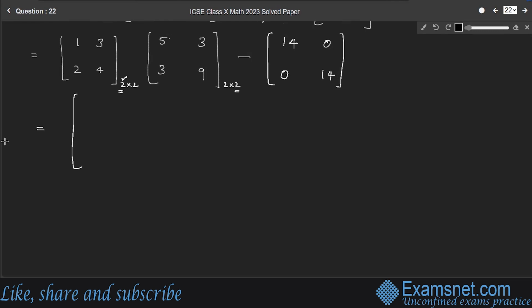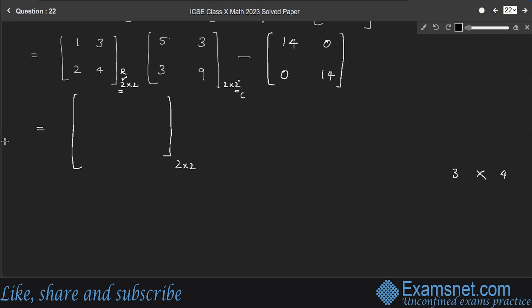That means the number of rows in the first matrix is 2, and the number of columns in the second matrix is 2. Therefore, the resultant matrix will be a 2 by 2 matrix. If the number of rows in the first matrix is 3 and the number of columns in the second matrix is 4, say for example, the resultant matrix will be a 3 by 4 matrix, right?